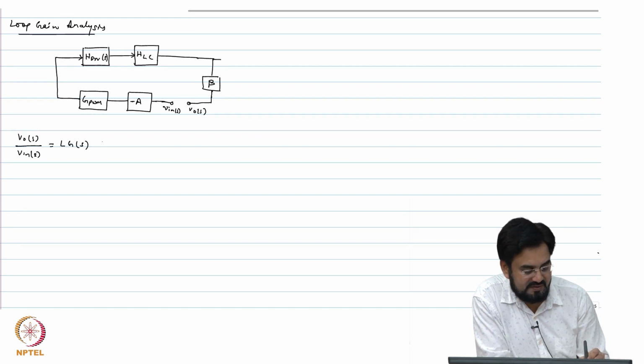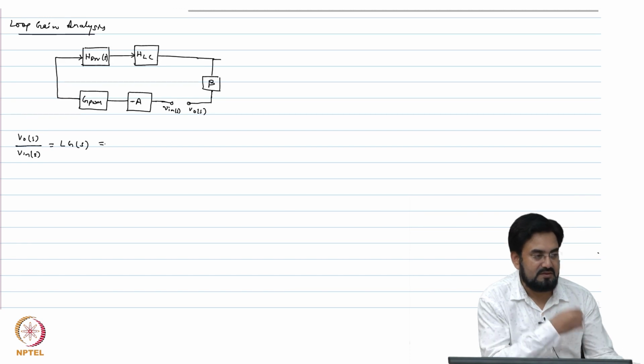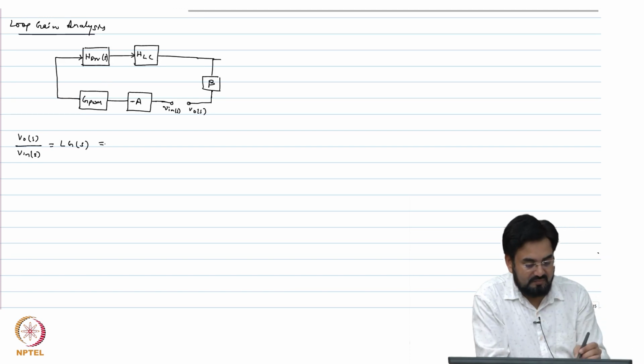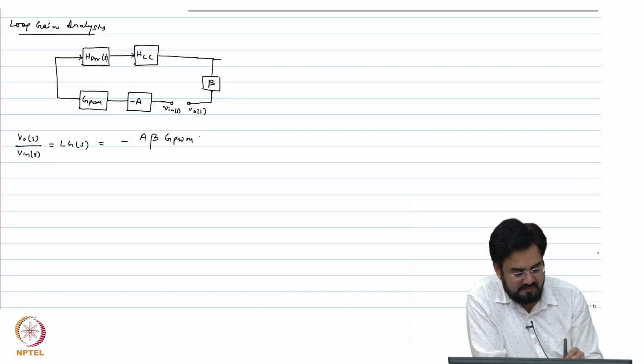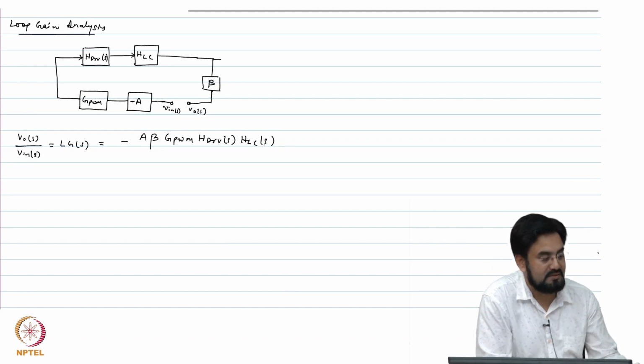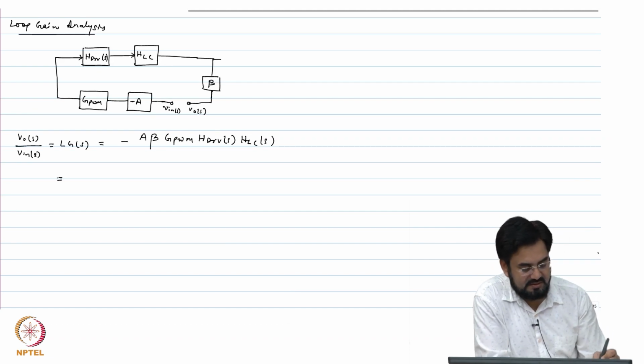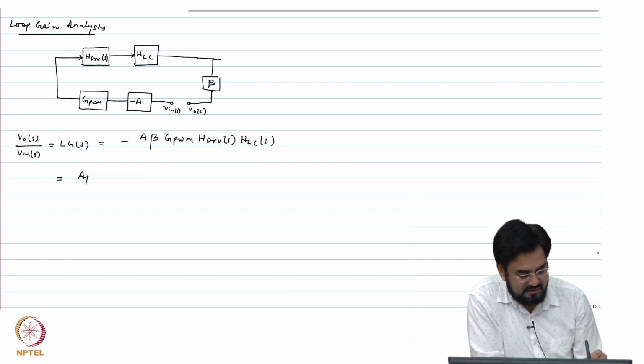So, loop gain transfer function, and this will be what? Minus A times beta, G PWM, H, DRV S, HL, CS. Now, let us replace each.